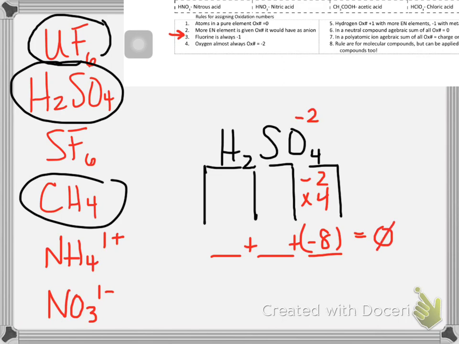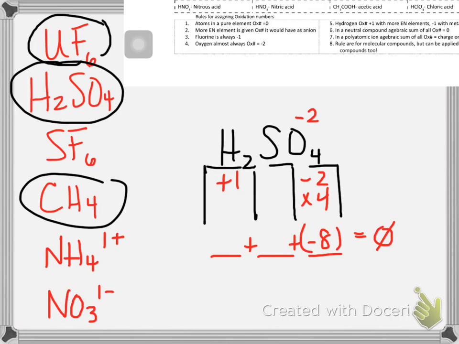So, in this case, I need to find 2 pieces of the puzzle, and then I can solve for the third one. Is there a rule associated with any other element in this compound? Why, yes, there is. Hydrogen. Hydrogen typically has an oxidation number of +1 when it's paired with anything other than a metal, and neither sulfur nor oxygen are metals.